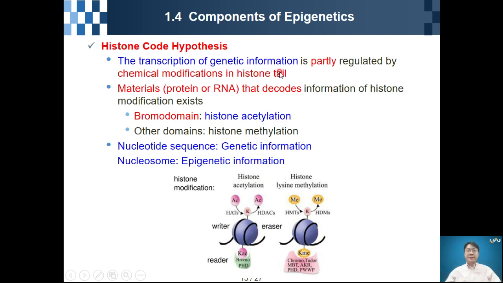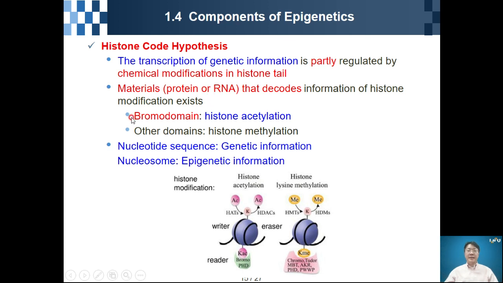So there should be some material that can decode the histone code. So the material that decodes the information of the histone modification exists. The material can be a protein or RNA.